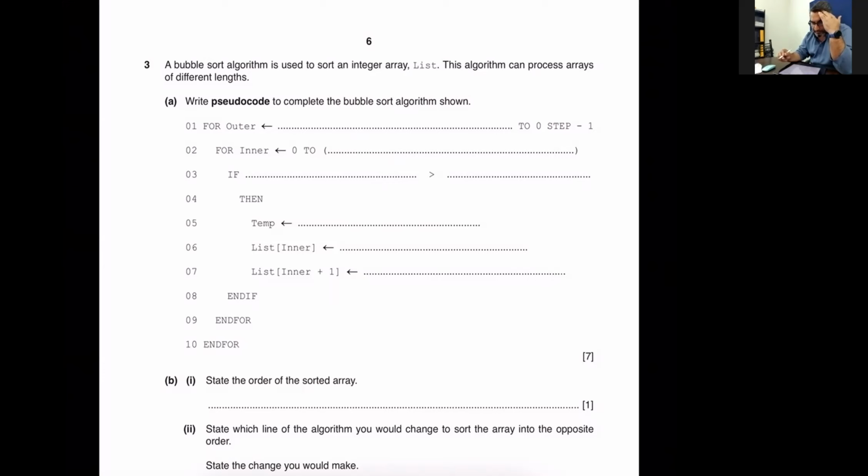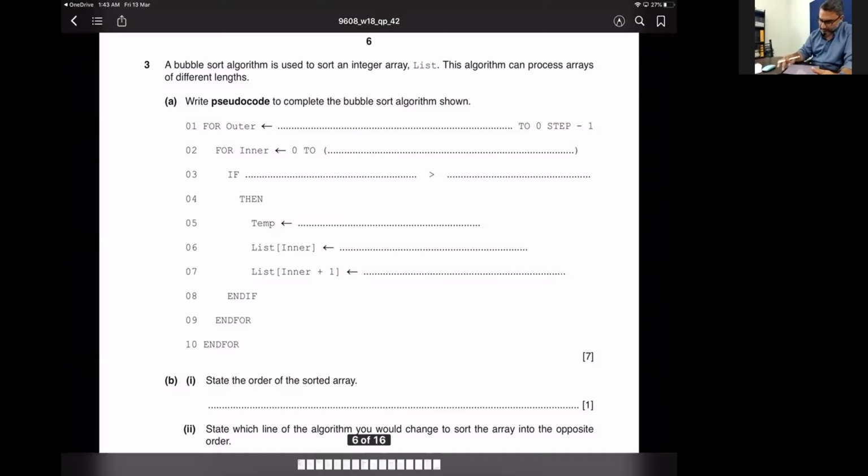So for outer is equal to, we need to find the length of the array. So let's say the length is arrived in some sort of pseudocode, or we can use the function length for that as well. So let's take function length or the maximum value.